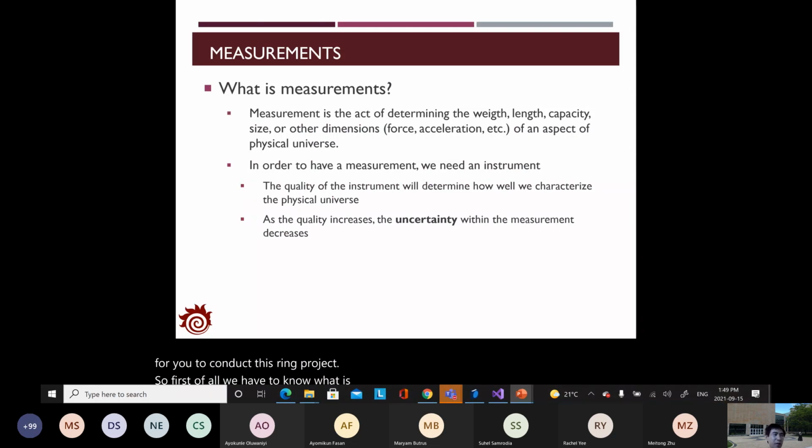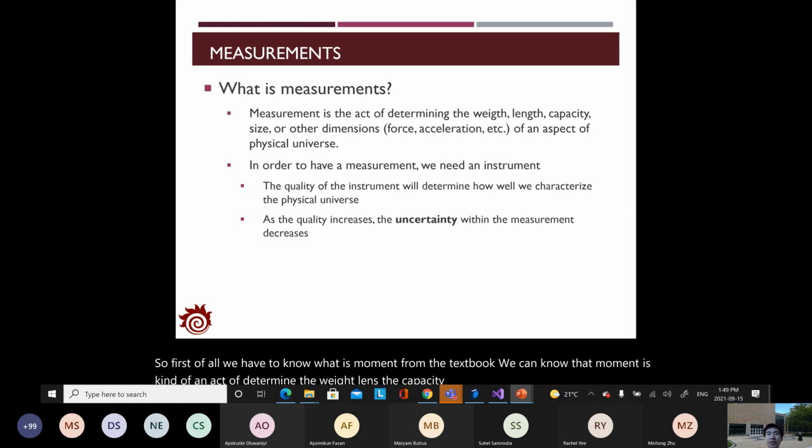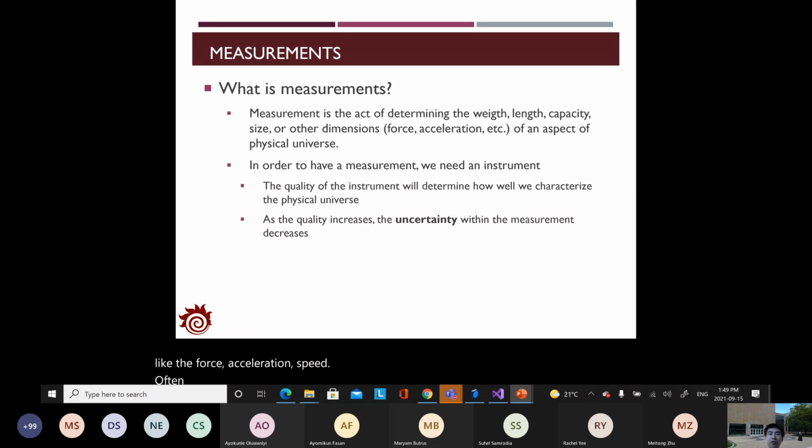From the textbook, measurement is an act of determining the weight, the length, the capacity, the size, or other dimensions like the force, acceleration, speed of an aspect of the physical universe. This could be anything that you can measure based on the different tools that you can use.